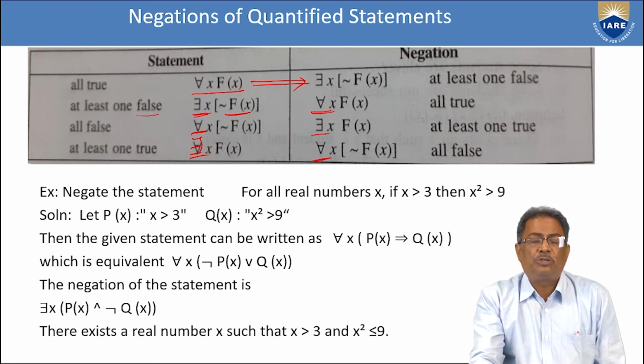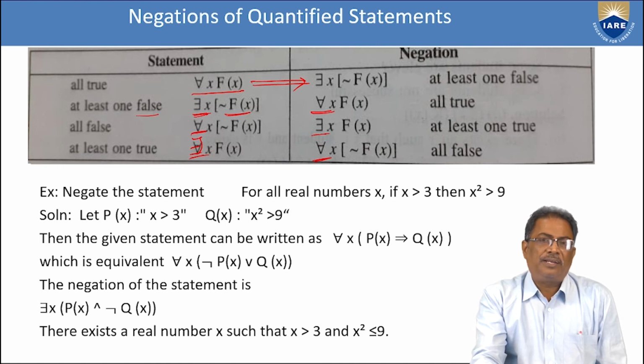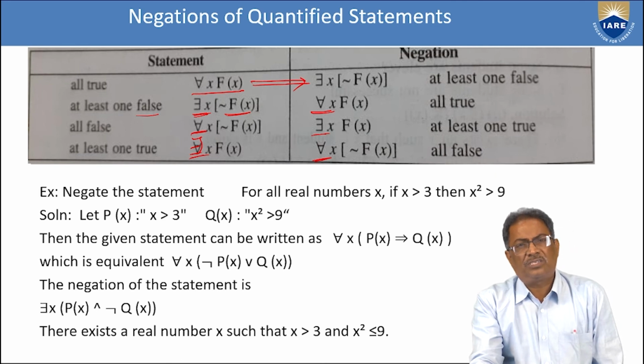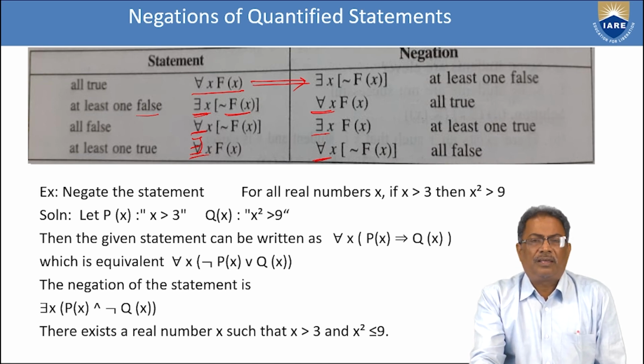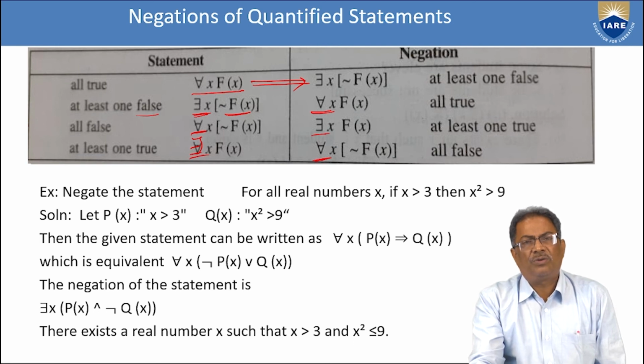Then if there are any conditionals and biconditionals, make it free from them, so that it has only or, and logical connectives. After that take the negation, and then convert it to sentence form.